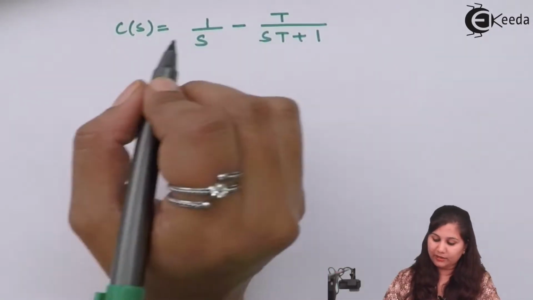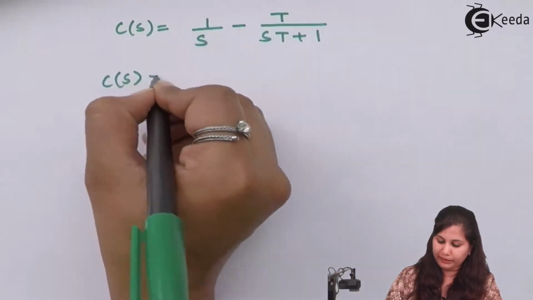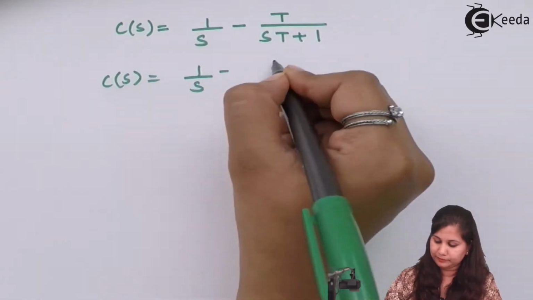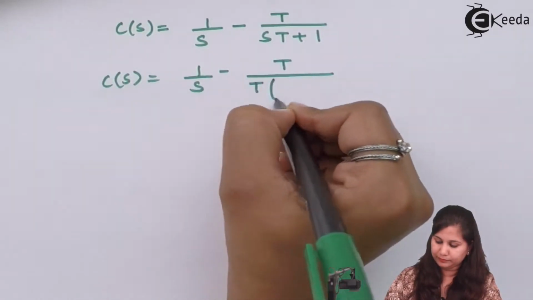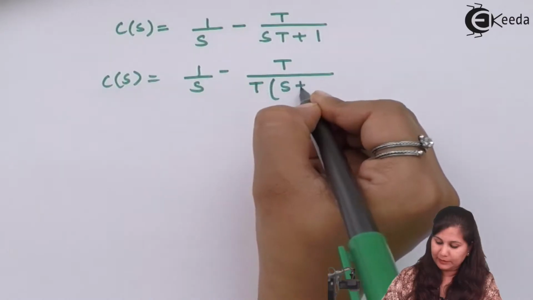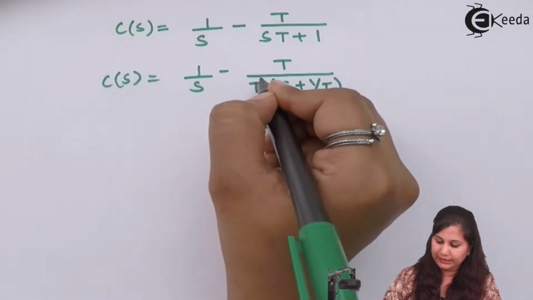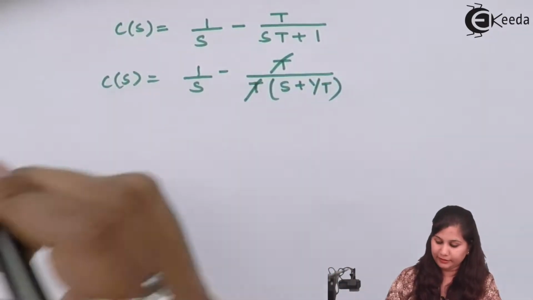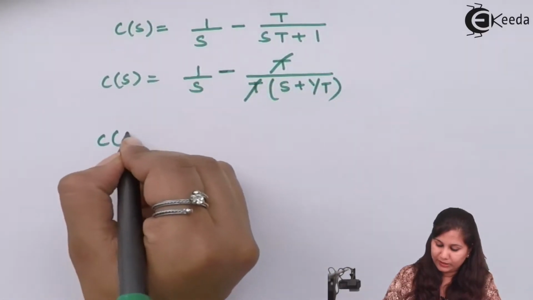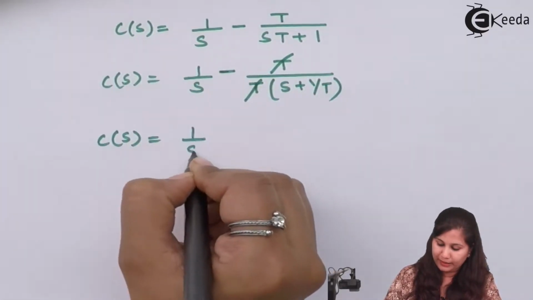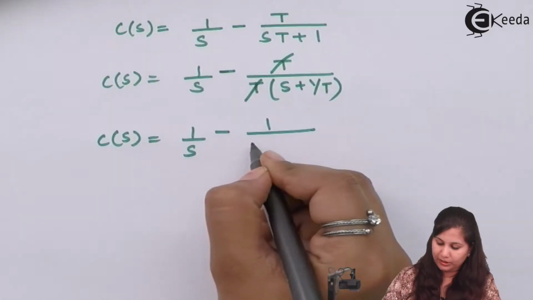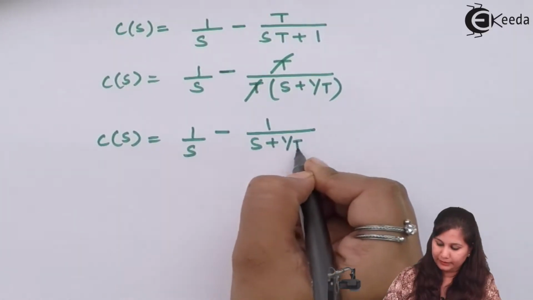Now take T common from the denominator. This will be s plus 1 by T. T and T will be cancelled here. So we are left with C(s) equal to 1 by s minus 1 upon s plus 1 by T.